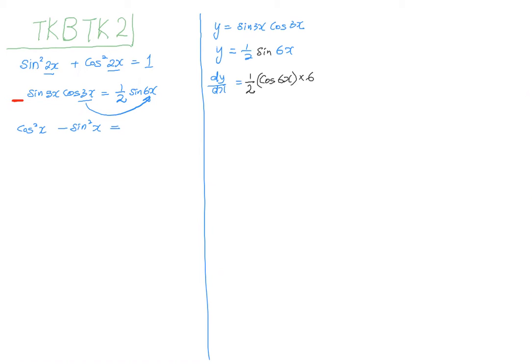For example, if I give you this, I want you to find dy dx. You can do it straight away, but you have to do the chain rule twice. So how can I simplify this? Yes, Marcus?